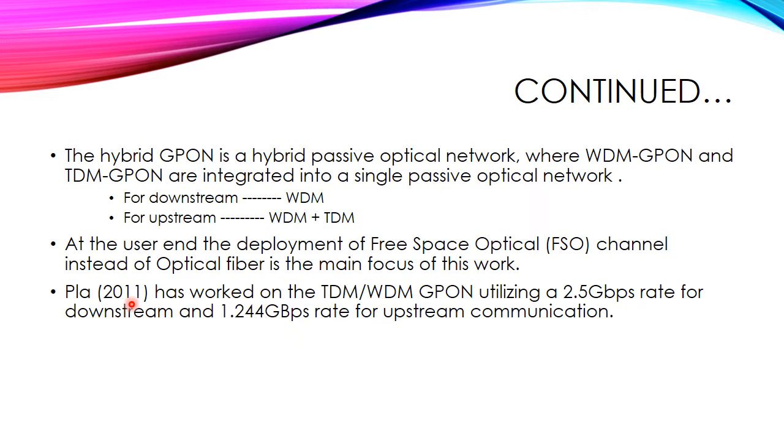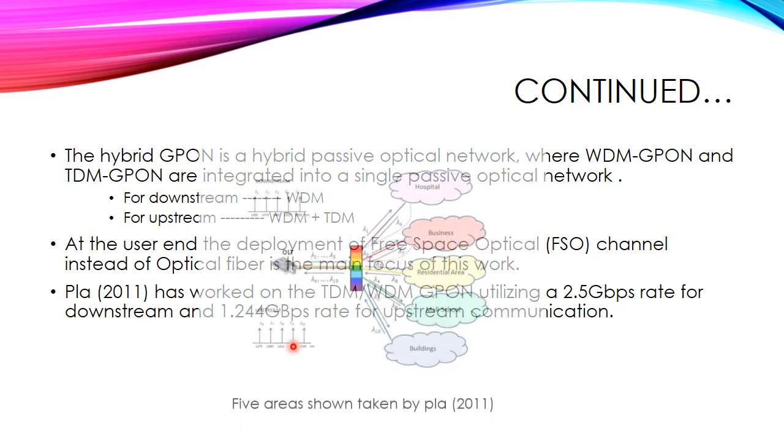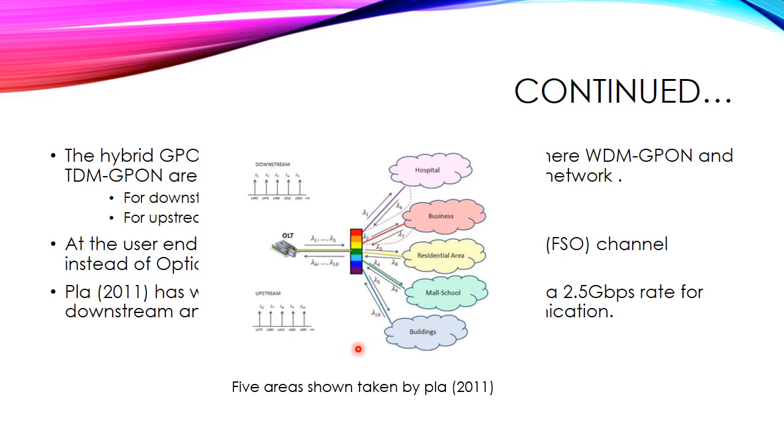PLA in 2011 has worked on TDM WDM GPON utilizing 2.5 gigabit per second rate for downstream and 1.24 gigabit per second rate for upstream. The author has taken 5 areas as shown in this picture for performing the simulation, and the system is completely optical fiber based.